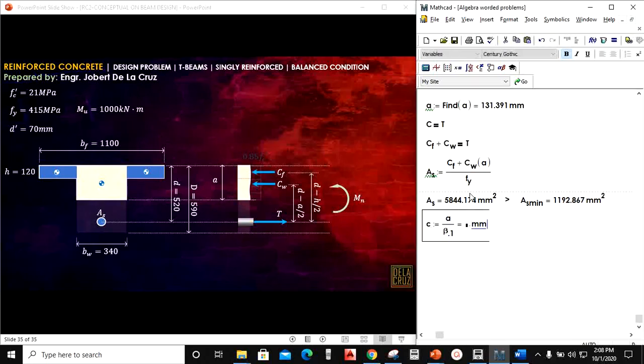And actually, we can just use pala the AS natin, yung for tension control. Pwede ganon. But since I introduced you this one, ito na lang. Okay, so let me erase this one. Ito na lang. I-compare natin siya sa AST natin. The same principle lang siya. Okay, you can just compare this one to AST or compare natin siya sa strain.